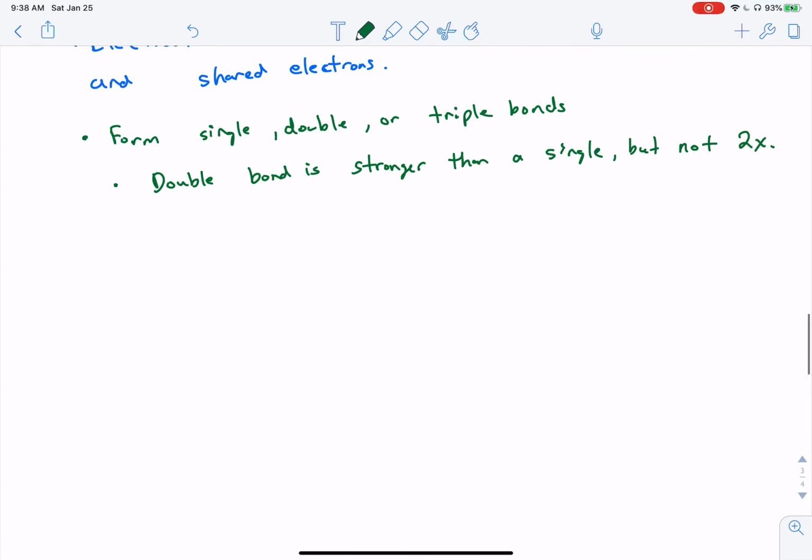So, having said that, that relates to bond length and bond strength. So we've established that a triple bond is stronger than a double bond, which is stronger than a single bond, and that stronger attraction pulls the nuclei closer together. So in the bond length, the triple should be shorter than the double, which is shorter than the single.